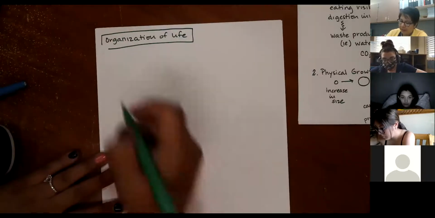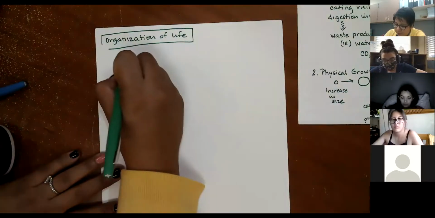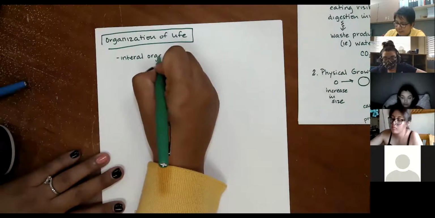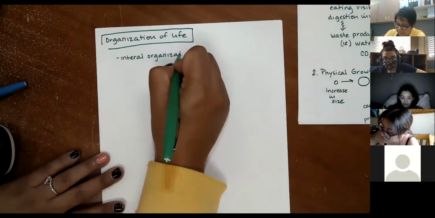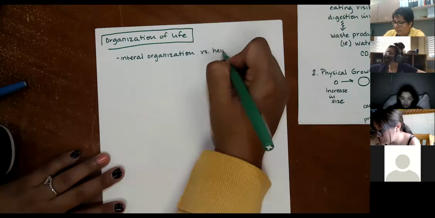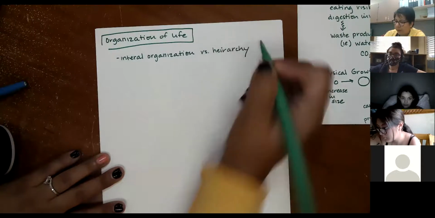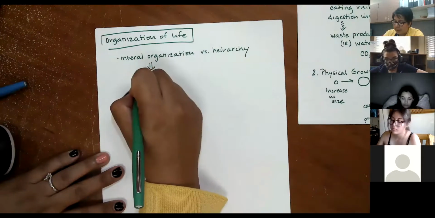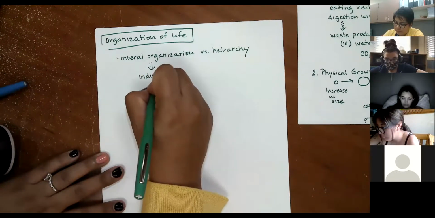Living things are organized. There is an internal organization, but there also is what we call a hierarchy. Internal organization is exhibited in the individual.